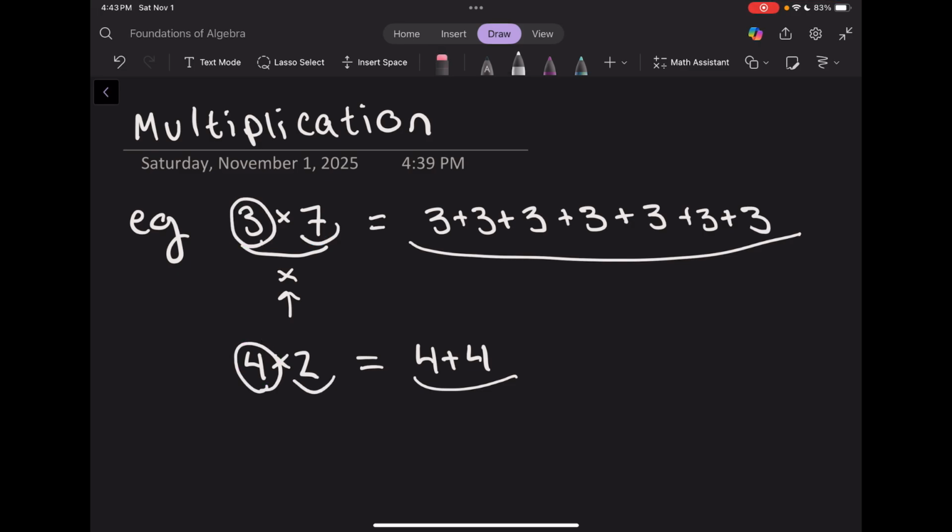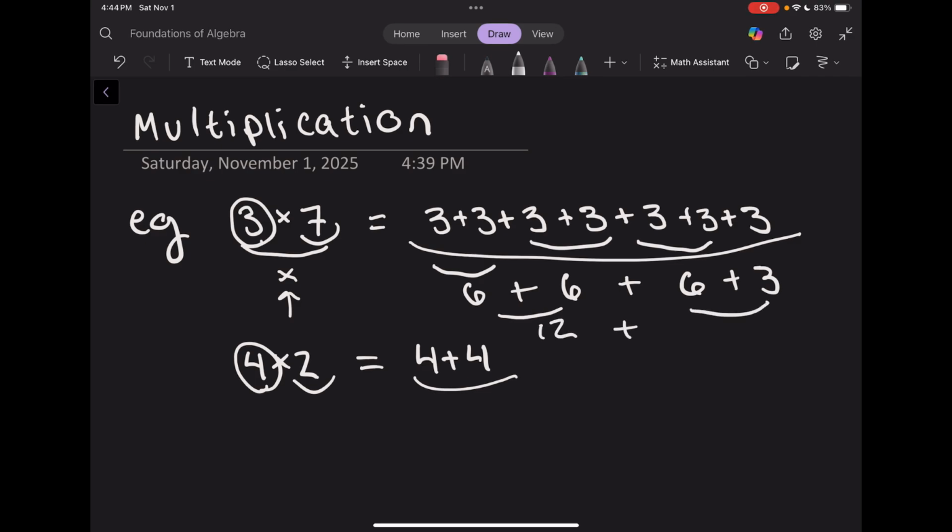So you can do it this way, where you have 3 plus 3, that's 6, plus another 3 plus 3, plus another 3 plus 3 plus 3, and then I have 12 plus 9, which gives me 21.